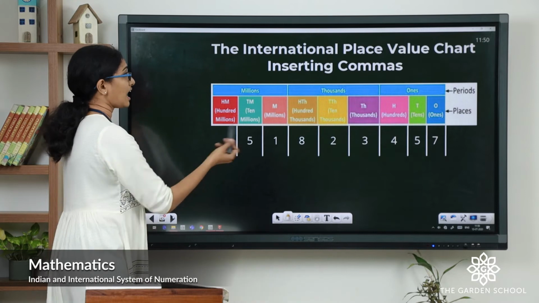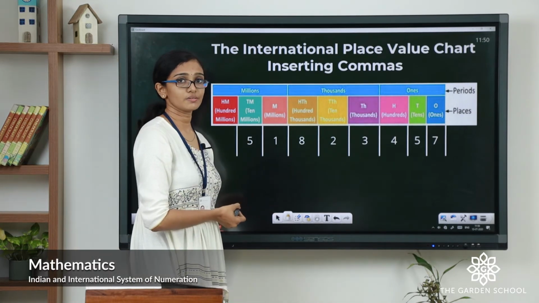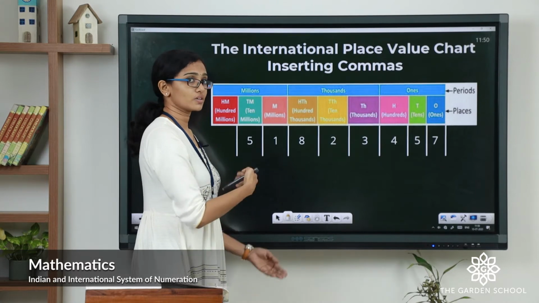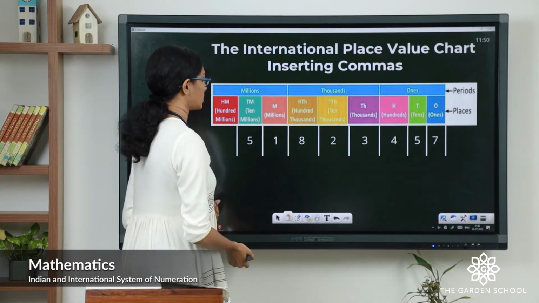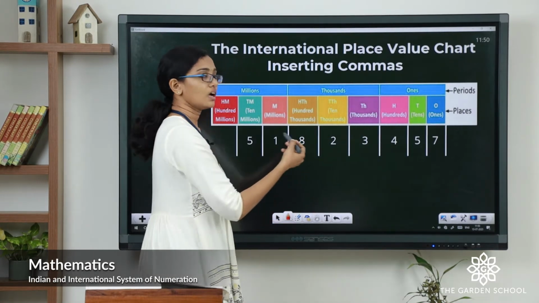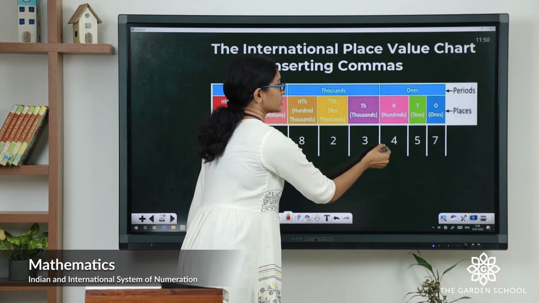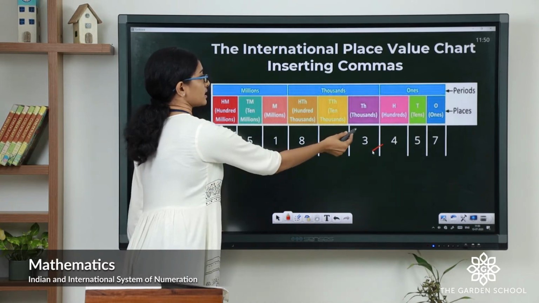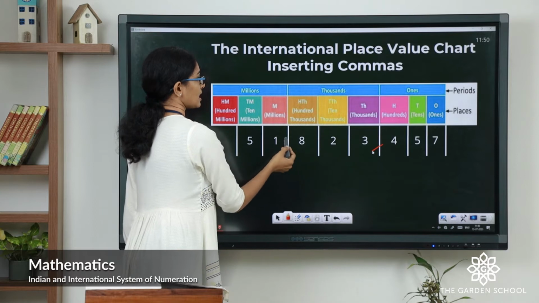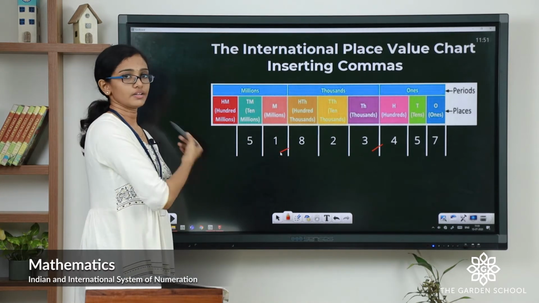So how do we read this number? Like the Indian system, let's insert commas in between to separate the periods so that it will be easier to read. So how do we insert commas? We start grouping from right to left. So ones, tens, hundreds, a comma here, thousands, 10,000s and 100,000s, then millions, 10 millions and so on.